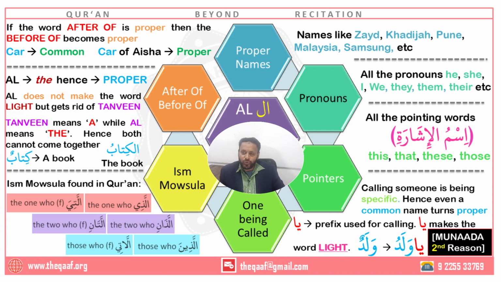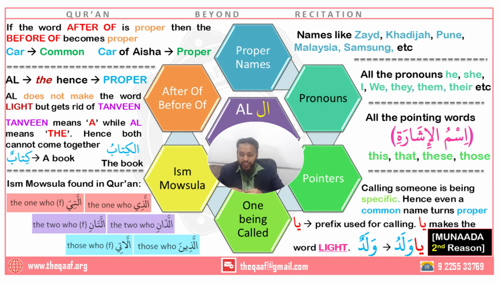But if I tell you car of Abdullah, now it is not any car, we are talking about a specific car. So the word car becomes proper. Well, just now we said that the car word is common, but now when I use it in this way, car of Abdullah, the word becomes proper. How? Because now you use this in the format of of.